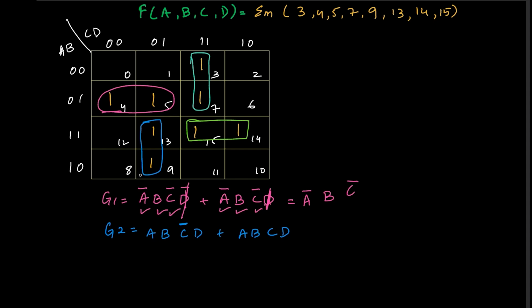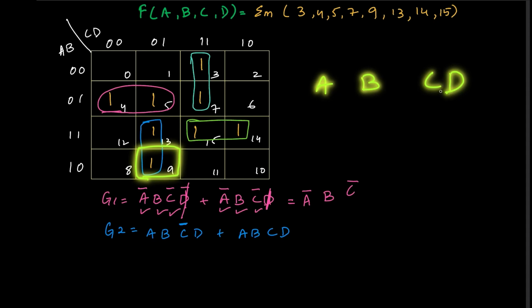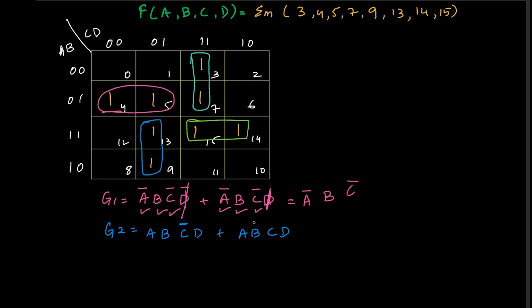And from the second cell, we can see A, B, C, and D. It says 1, 0 means bar on B and 0, 1 means bar on C. There will be a bar on B and C. And we will have to eradicate the uncommon factor in this, which is B. A remains the same, B changes, C remains the same, and D remains the same as well.